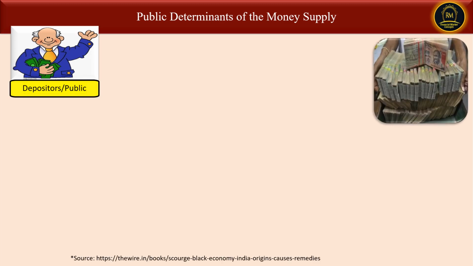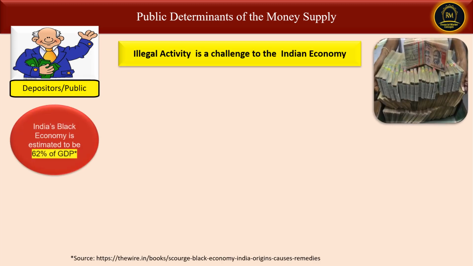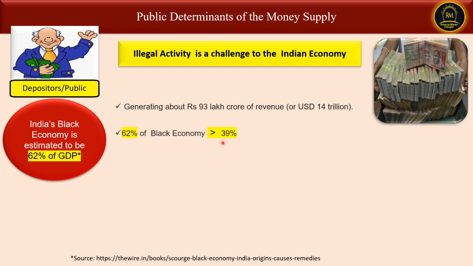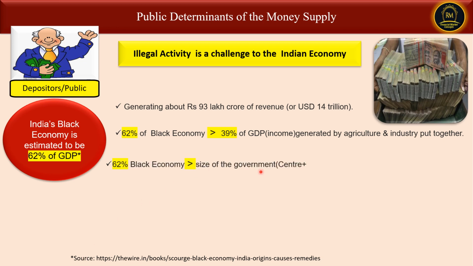So illegal activity is a major challenge to the Indian economy. It comprises almost 62% of GDP. India's black economy is generating about 93 lakh crores of revenue, which is equal to 14 trillion US dollars. It is more than the 39% of GDP or income generated by agriculture and industry put together, and more than the size of government spending, including both center and state governments, which is about 27% of GDP.